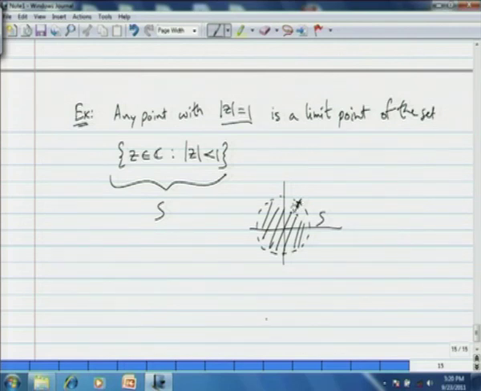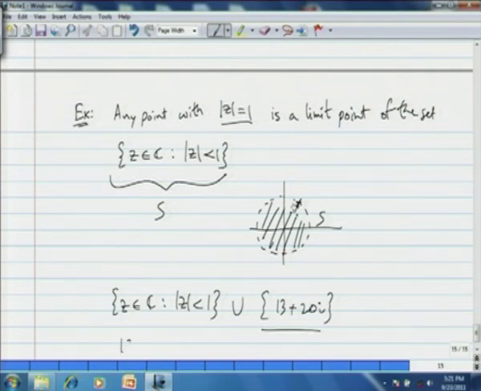And if you take the set of z belongs to C such that absolute z is less than 1, union a far away point, let us say 13 plus 20 I, let me call this set S1, then 13 plus 20 I is an isolated point of S1.